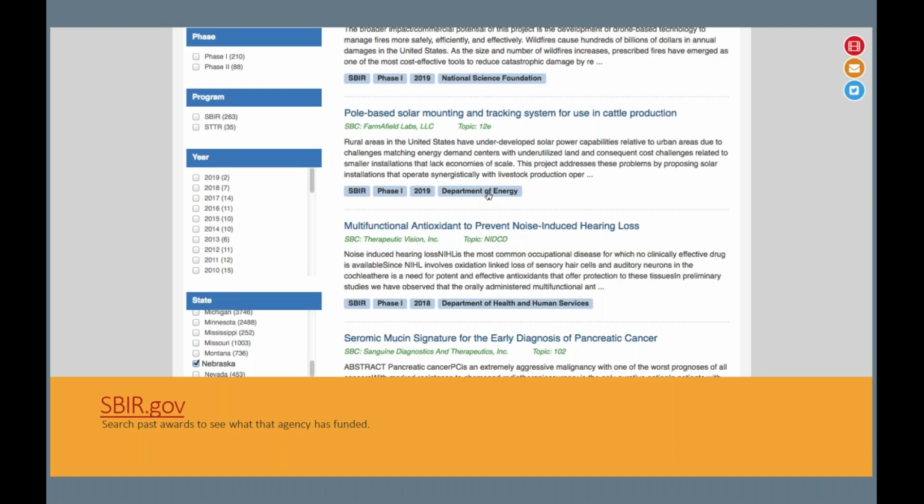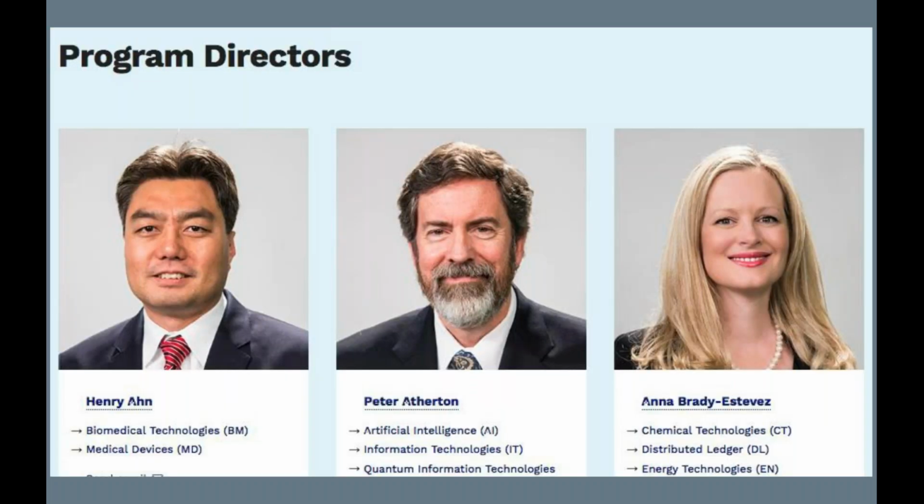So once you've figured out which agency has funded in the past, you want to reach out to the appropriate program director. This is just a list. The National Science Foundation makes their program managers very accessible. There's a page that says, these are our program managers and program directors, and these are their topic areas. If you have something that has to do with medical devices, you need to speak with Henry On.